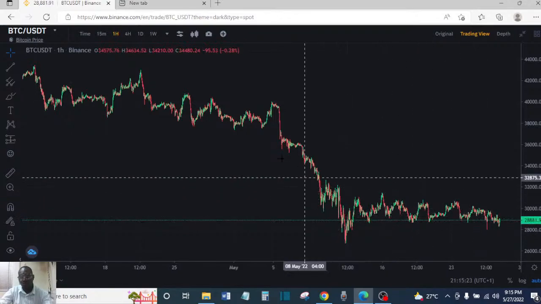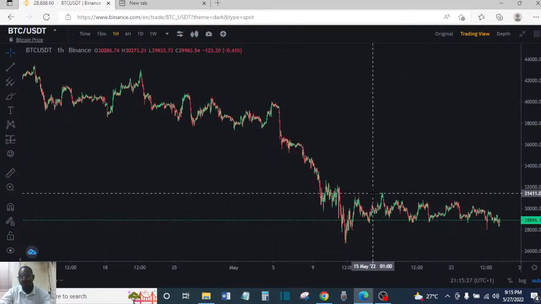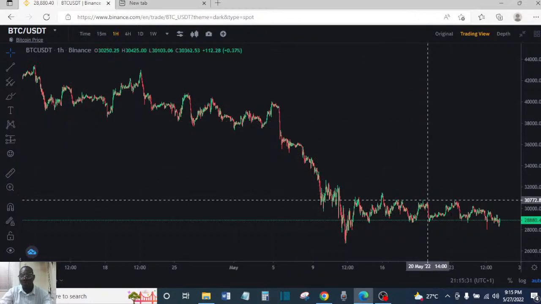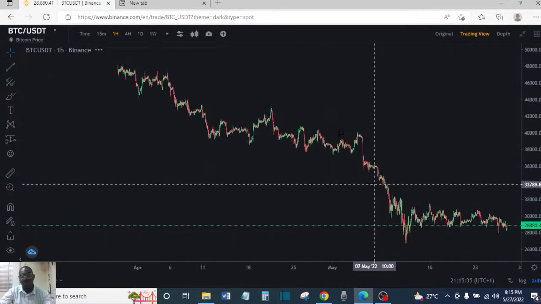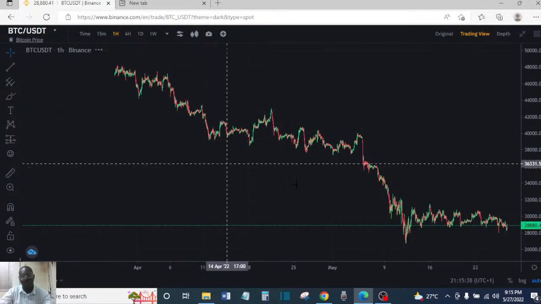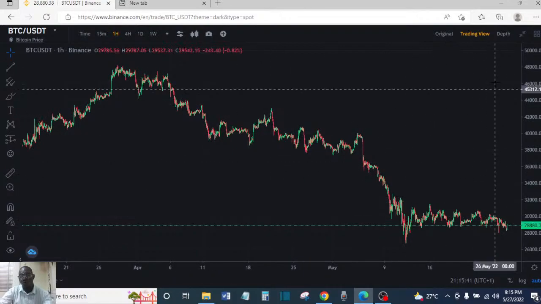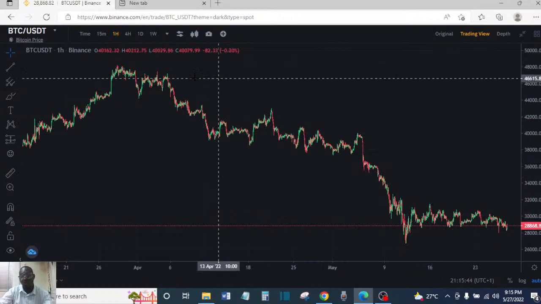Look at the tops. You can see a lot of stops here, which will actually give them money. After they finish these points, you still have a lot of stops here. But they will not go up all of a sudden. They will be creating structures along the way while going up.